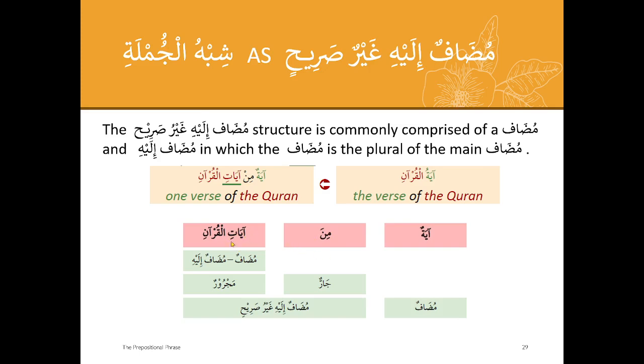This will be the plural of the main mudhaf, ayatun. So this is mudhaf. The Mudhafun Ilayh Ghayr Sarih consists of a complex jar with majrur. This is why we call it Ghayr Sarih.